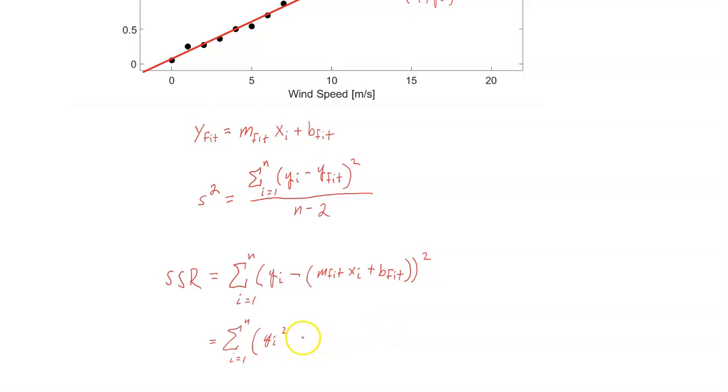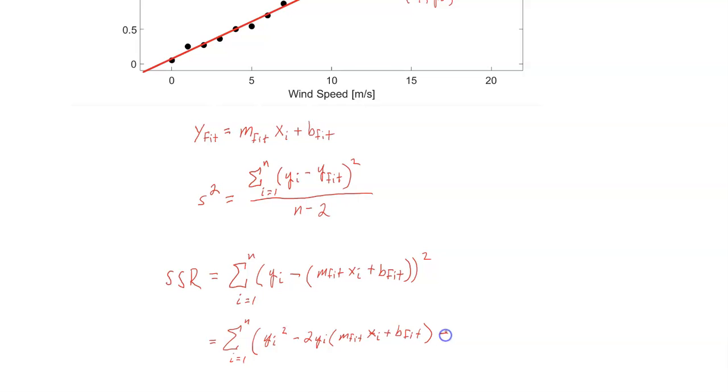And then our inside and our outside is going to give us 2 times yi times m fit times xi plus b fit, and then we're going to have our last term squared. And our last term itself is a binomial, so we'll have to do FOIL again on that.